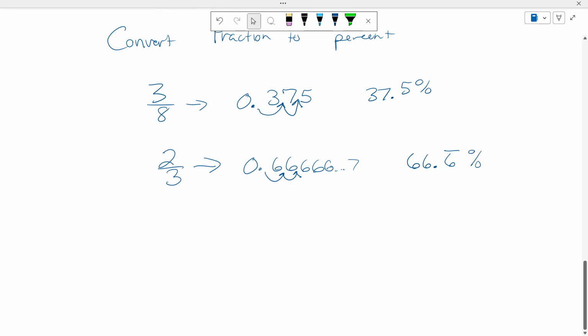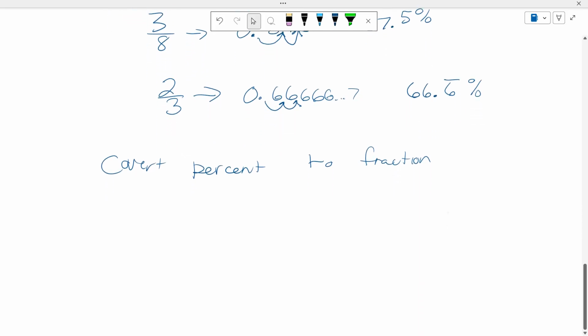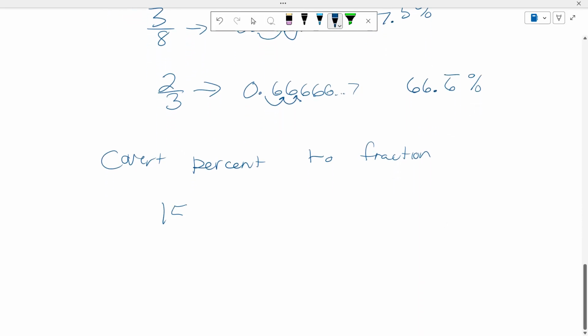All right, next one. Convert a percent to a fraction. 15% is 15 over 100.